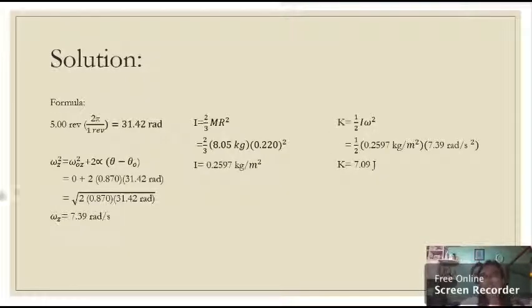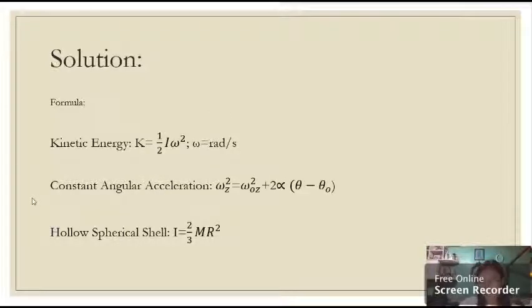So first we need to convert 5 rev to rad. So 5 rev multiplied by 2 pi over 1 revolution, 1 rev is equal to 31.42 rad. So we are going to use the constant angular acceleration in order for us to find the angular velocity needed in the problem.